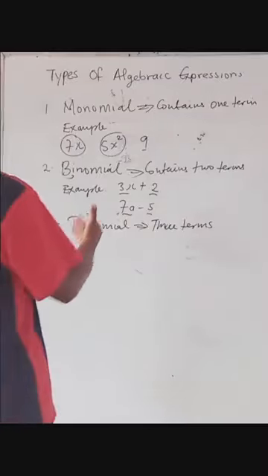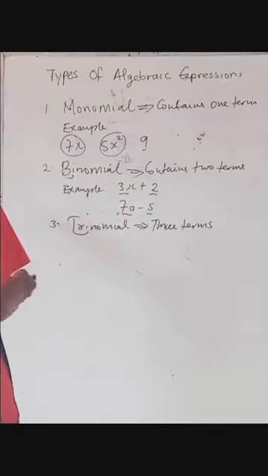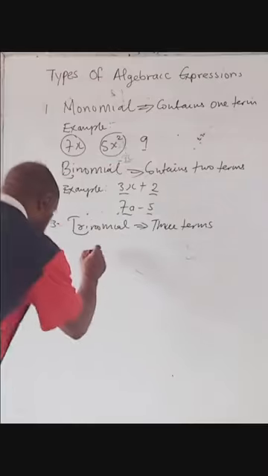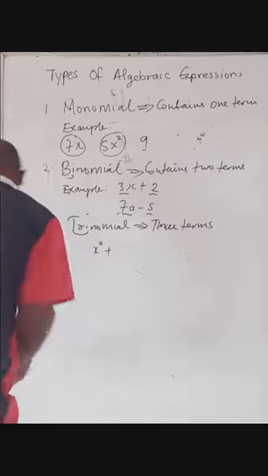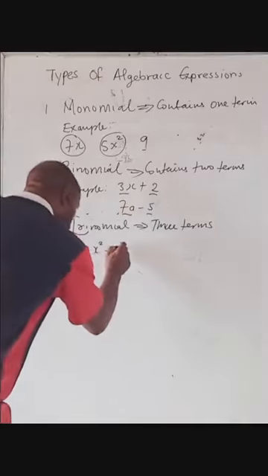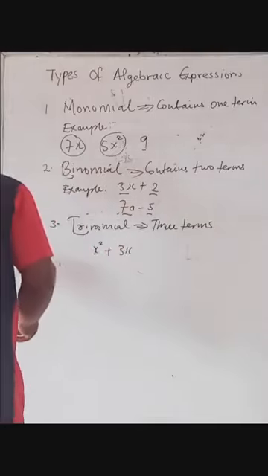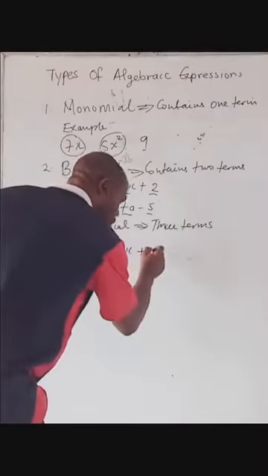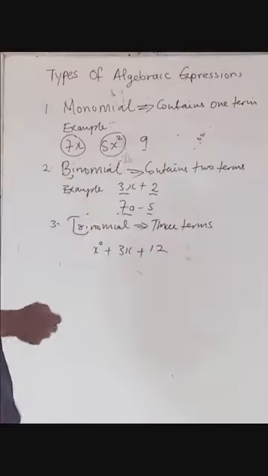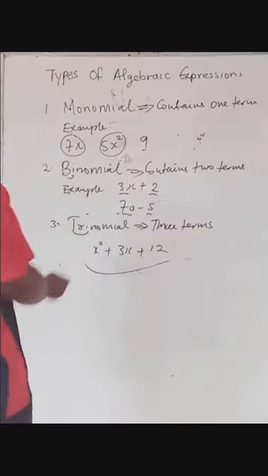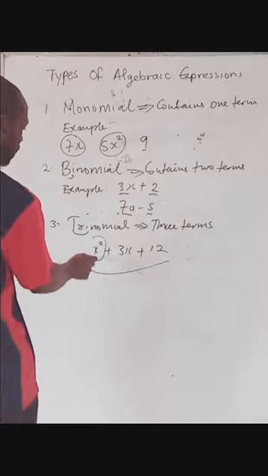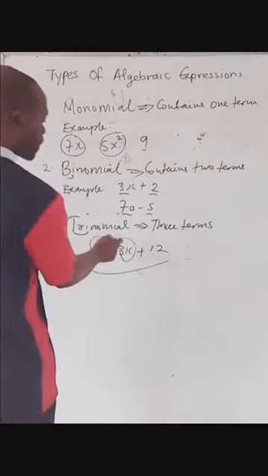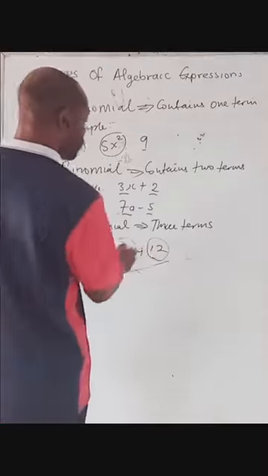Example, x squared plus 3x plus a number, let's say 12. This is a trinomial because it contains 3 terms, x squared, 3x, and 12.